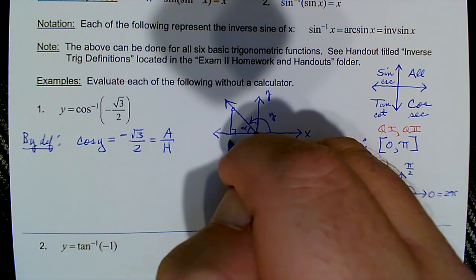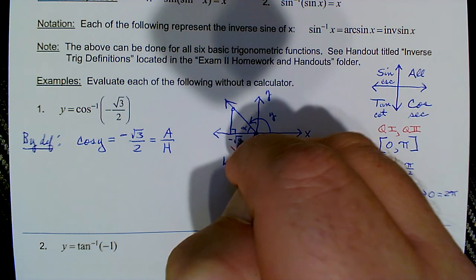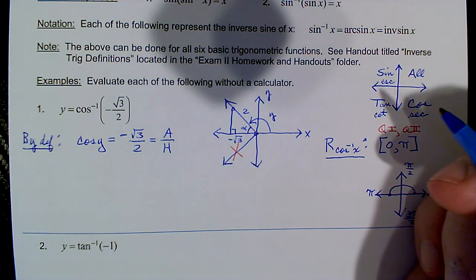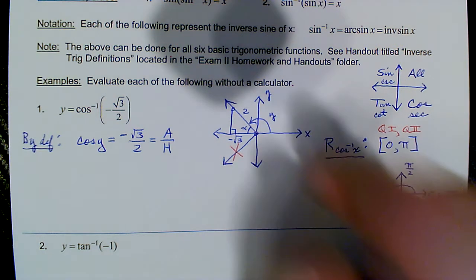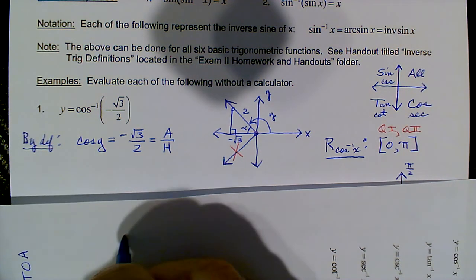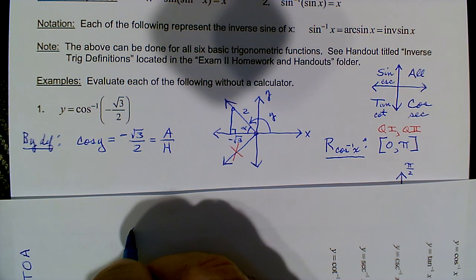That means with respect to alpha, the adjacent is negative radical 3 and the hypotenuse is 2. And then immediately that should ring a bell because we have our 2 special triangles that you need to remember.